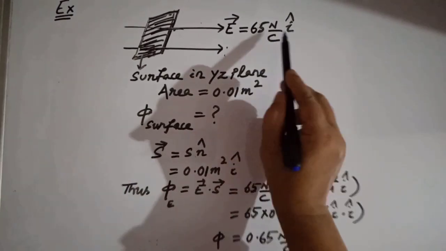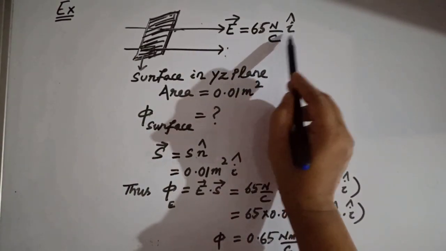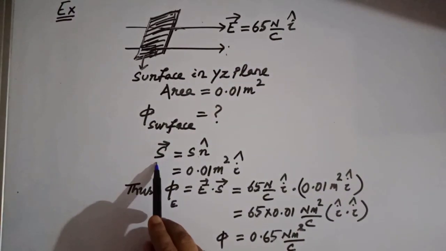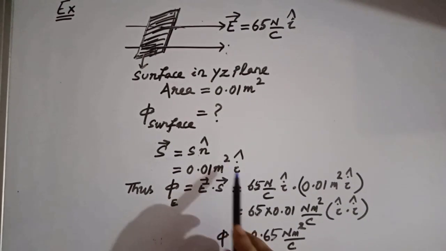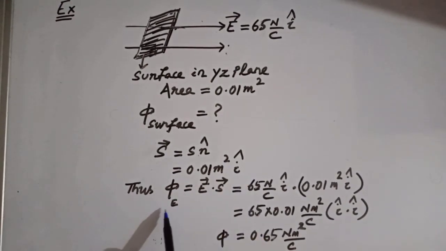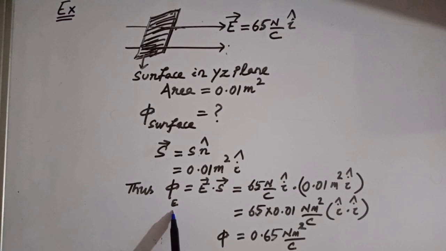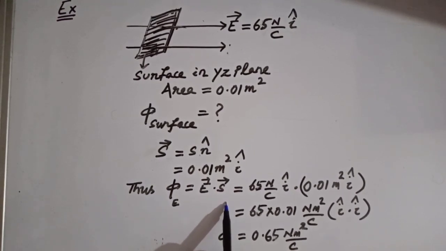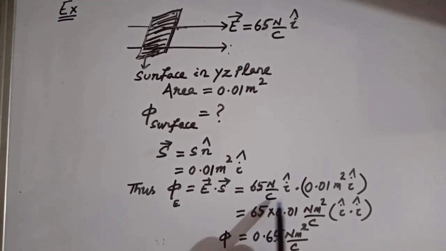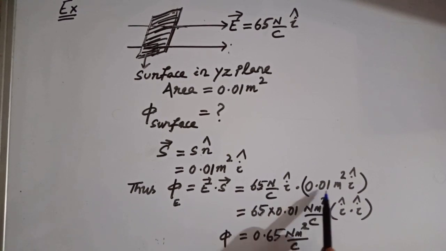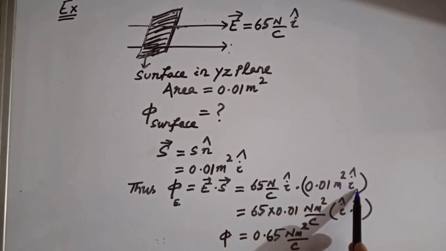E vector is 65 Newton per Coulomb i cap. Area vector is 0.01 meter square i cap. Now you can use phi is equal to E dot S. It is 65 Newton per Coulomb i cap dot 0.01 meter square i cap.